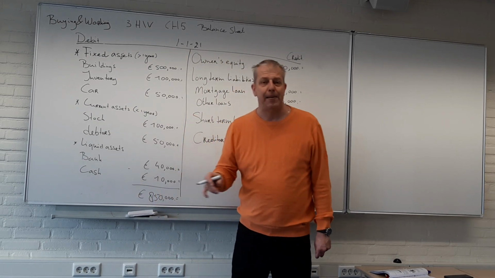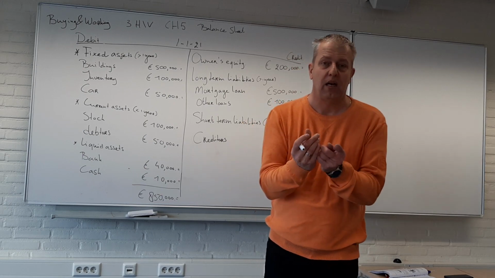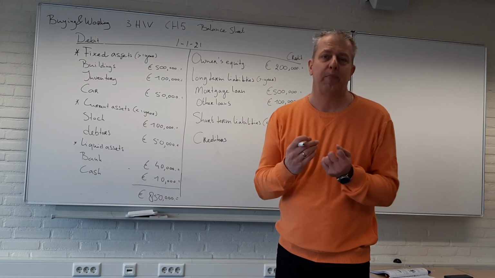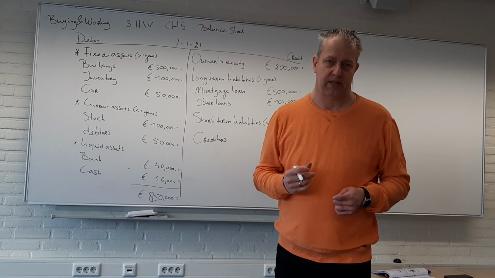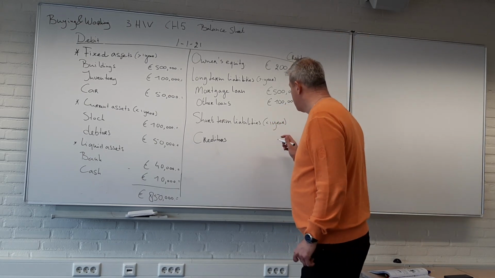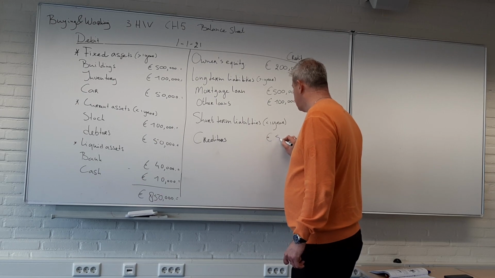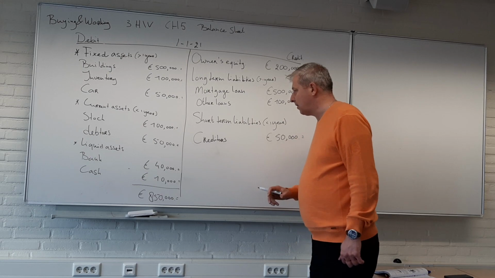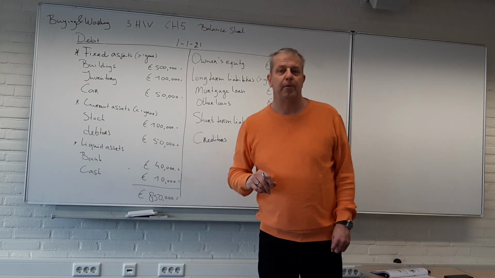And creditors are people or companies from whom I bought things, and I haven't paid them yet, so I have a debt. So suppose this is 50,000 euros. There are other short-term liabilities as well.